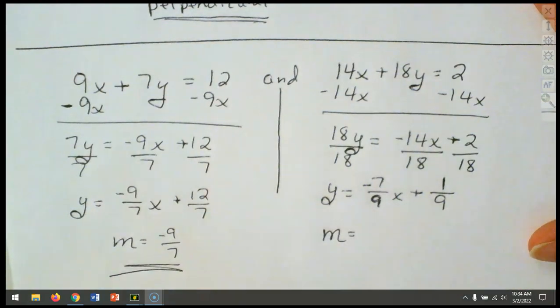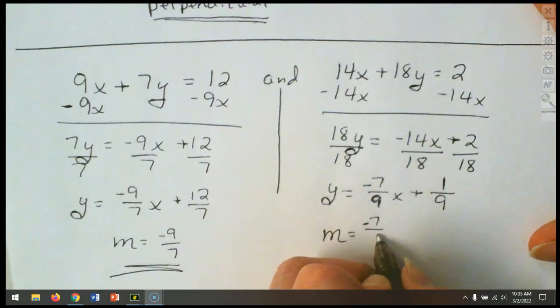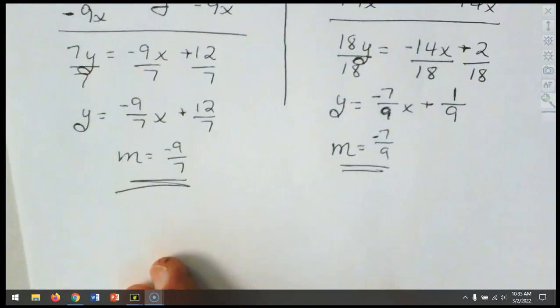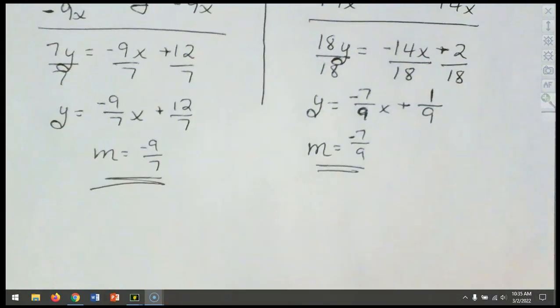Now, here's where students make a mistake. My slope is a negative 7/9. Are these parallel, perpendicular, or neither? When we look at them, for it to be parallel, they have to be the same. We can tell these are definitely not the same. That's easy.